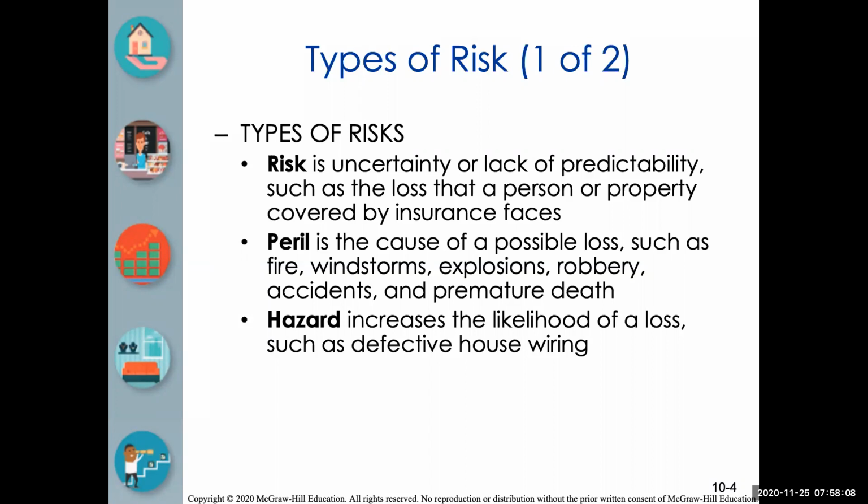Not wearing your seatbelt, driving through a crime-ridden part of town, both of which increase the likelihood of a loss in the event that something were to happen. So perils are the cause of the possible loss, and hazards are those things that increase the likelihood of a loss.